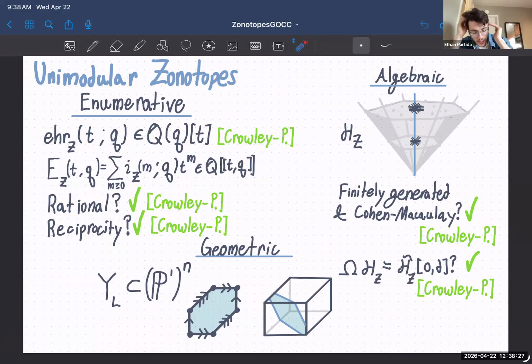I think the two key ideas are that, for the special case of unimodular zonotopes, there is a polynomial, which we call the graded Ehrhart polynomial, which plays the role of the ordinary Ehrhart polynomial. And you can make analogous statements. This will be called a quantum integer valued polynomial. And you can make analogous arguments as in the ordinary Ehrhart theory case, using this graded Ehrhart polynomial to get all of these enumerative conjectures.